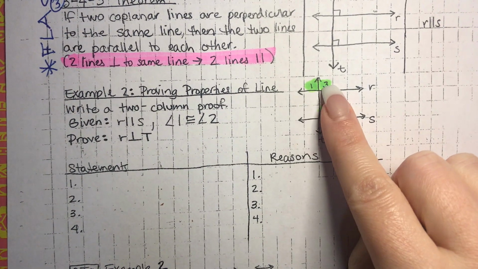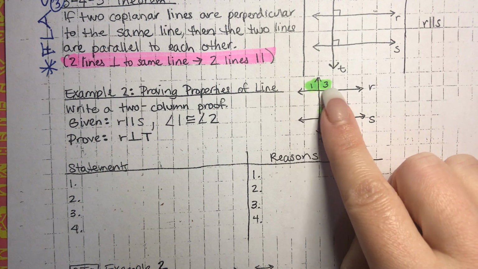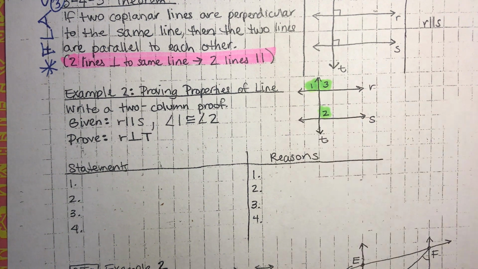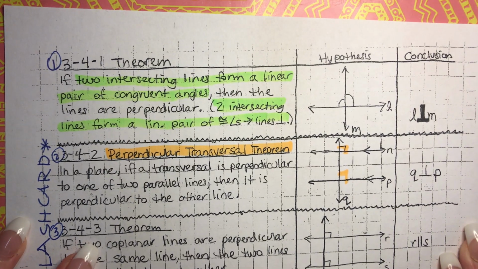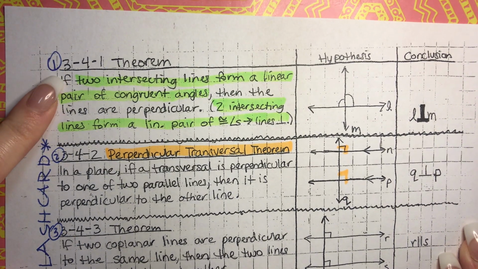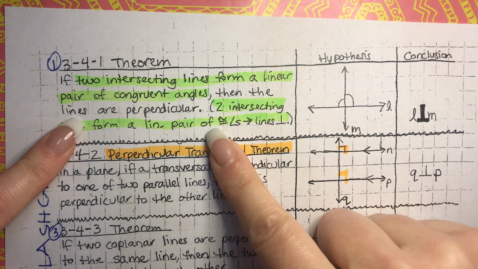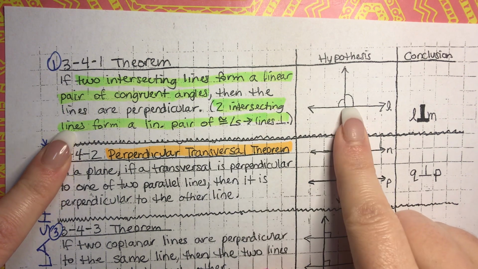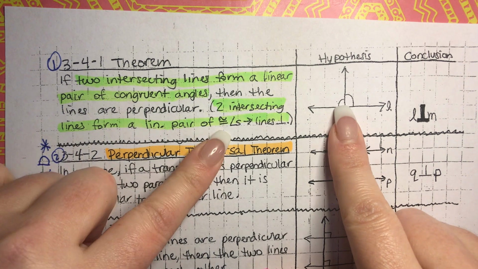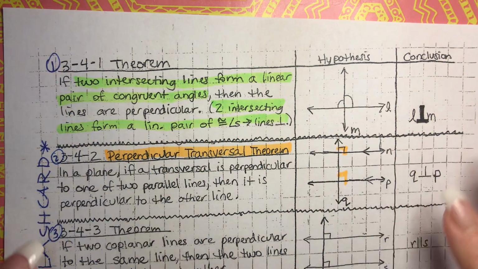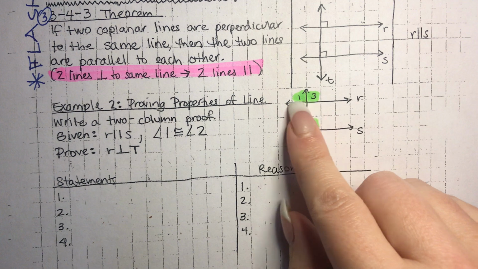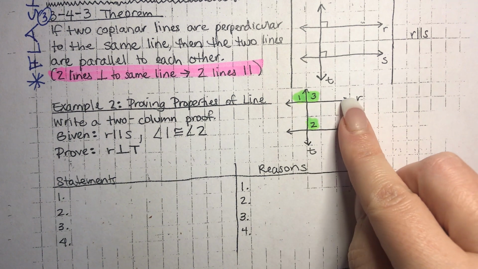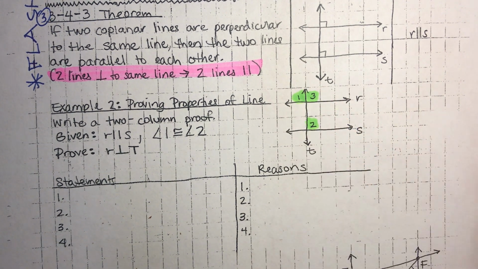We have 2 angles right next to each other that are congruent. What do you think? Okay, if you said theorem number 1, you would be correct, because it says if 2 intersecting lines form a linear pair of congruent angles, then the lines are perpendicular. And that's exactly what we have. We have a linear pair of congruent angles, so therefore we know R is perpendicular to T.